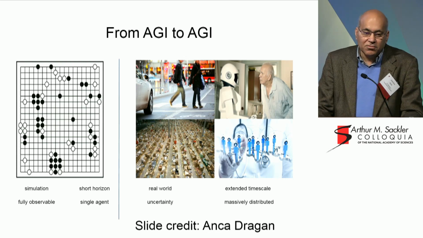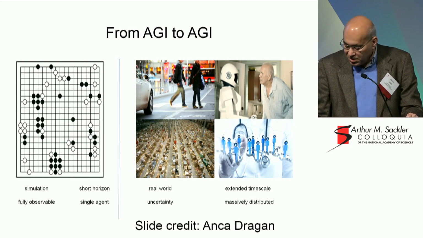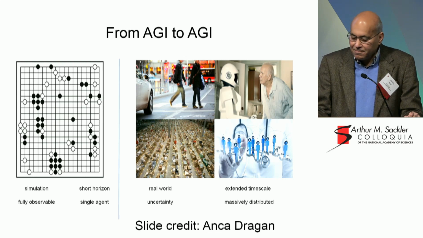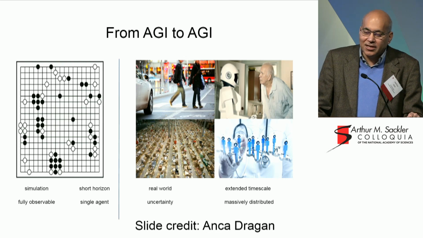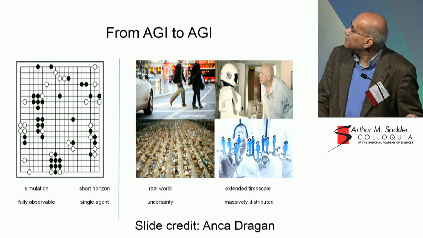There are many aspects of natural intelligence which are very different from game-playing settings, so I would very much urge not to be seduced by that. My slogan for this is there's a difference between AGI, artificial gamer intelligence, and AGI, artificial general intelligence, and the two should not be mixed up.